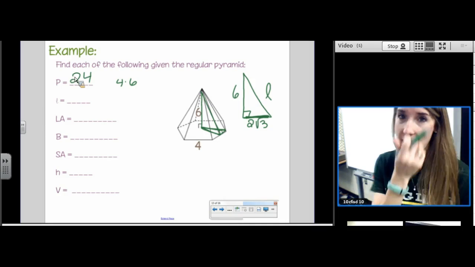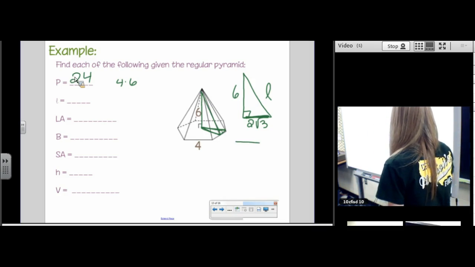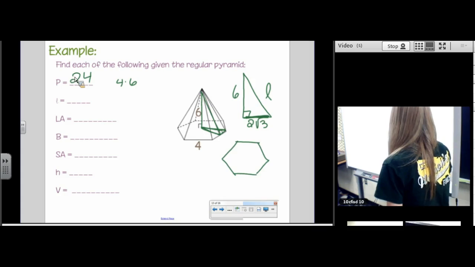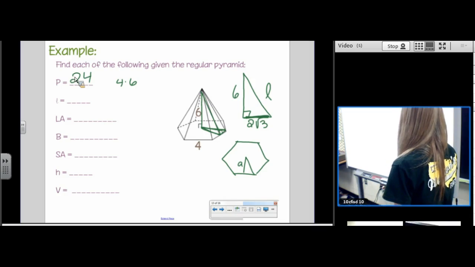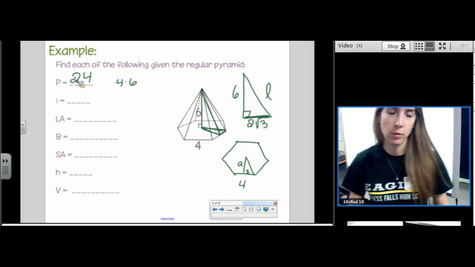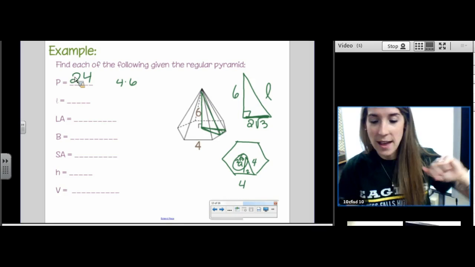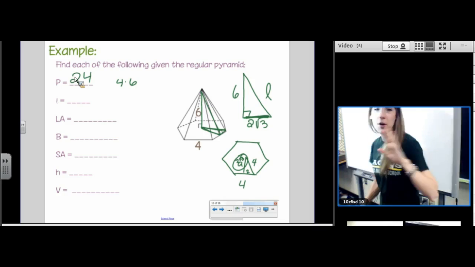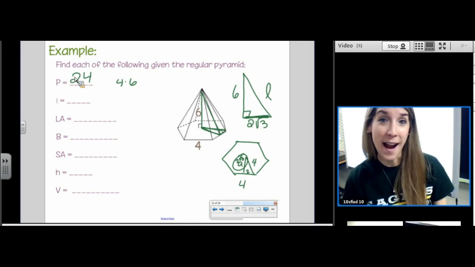If you need help with that, you need to draw the hexagon facing you. And draw this right here. This is your apothem. This is 4, so this is 2, 2√3, and 4, but we don't care about that. The apothem is 2√3. It's 30, 60, 90. Okay, we still need the slant height, so we have to do Pythagorean Theorem. And you were so glad that we didn't have to do trig, but you didn't know you were going to have to be doing Pythagorean Theorem with radicals.